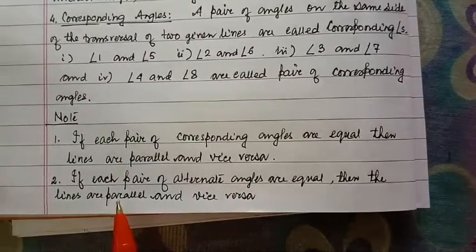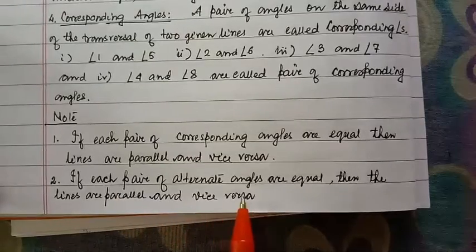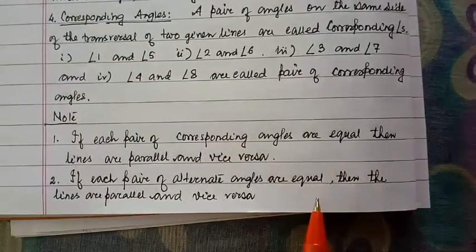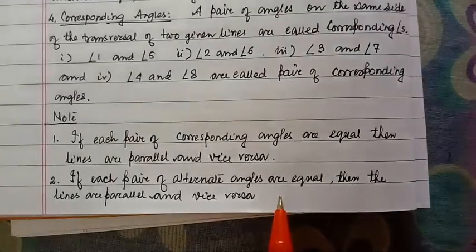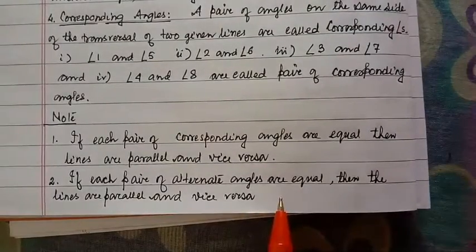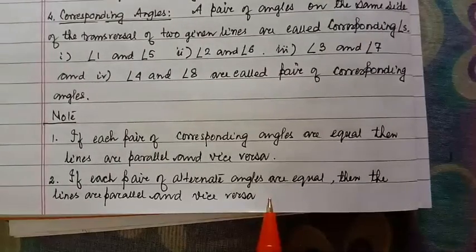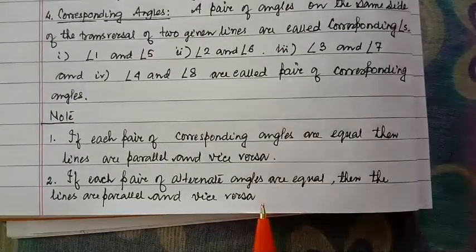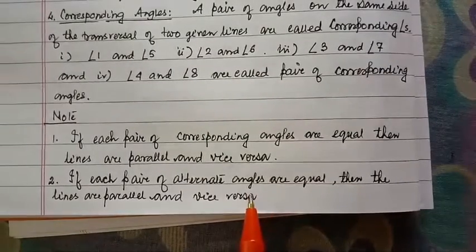Similarly, second criteria, if each pair of alternate angles are equal, then the lines are parallel to each other and vice versa. That is, if in the figure angle 4 is equal to angle 6 or angle 3 is equal to angle 5, then we can say that AB is parallel to CD.